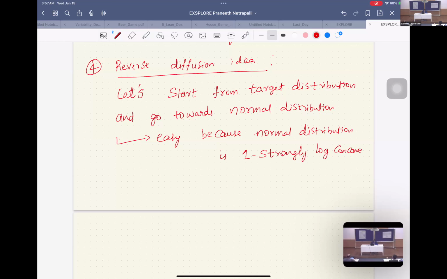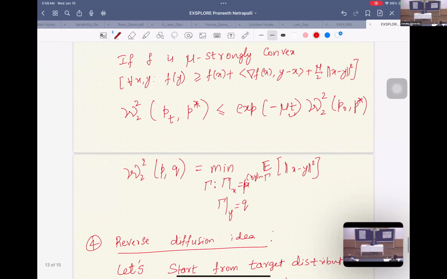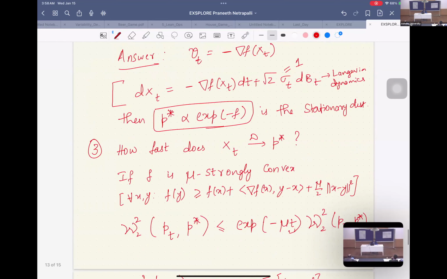Because P normal of x is proportional to exp of minus norm x squared divided by 2. So f of x here is half norm x squared, and this is strongly convex. So we can directly apply the previous theorem, which says that the convergence to the normal distribution happens very fast when we evolve it according to this.